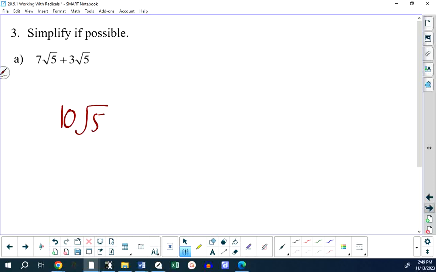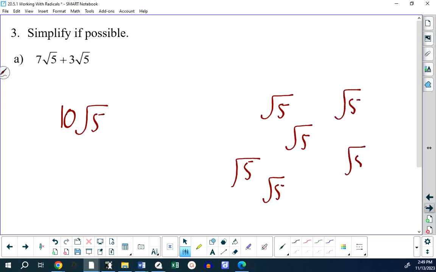See, when you see 7 root 5, which is how we say it, it means 7 times root 5. I mean, you would never solve the problem this way, but this is 7 root 5. That's what it means.